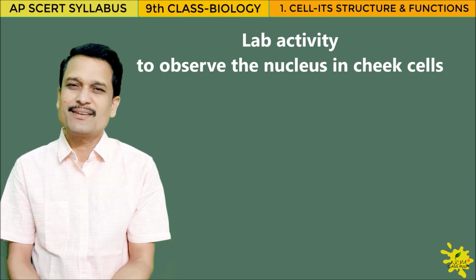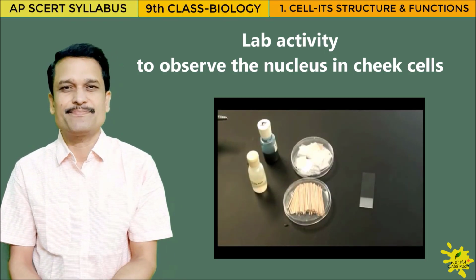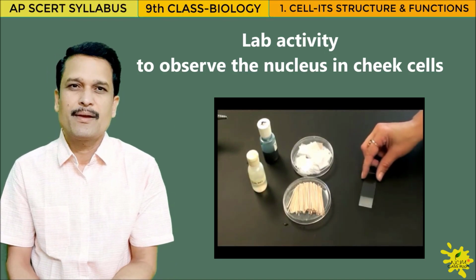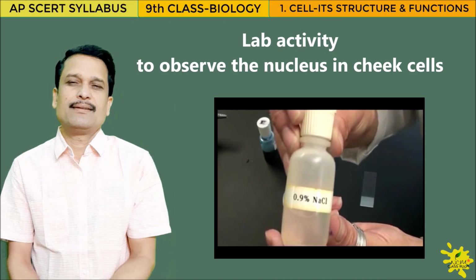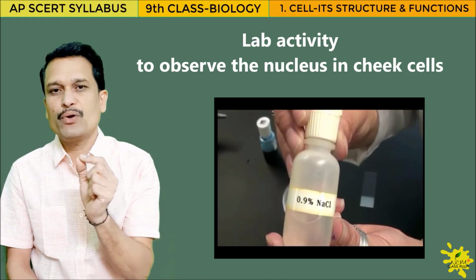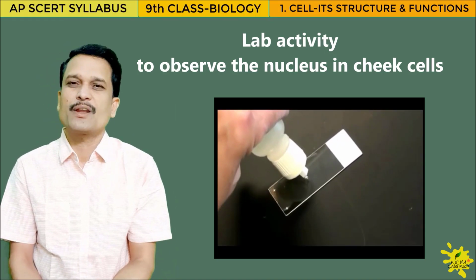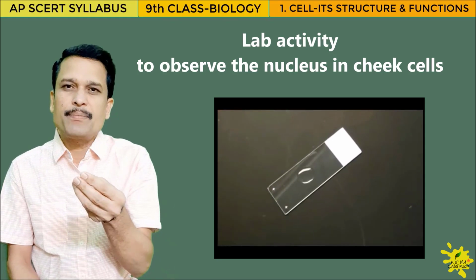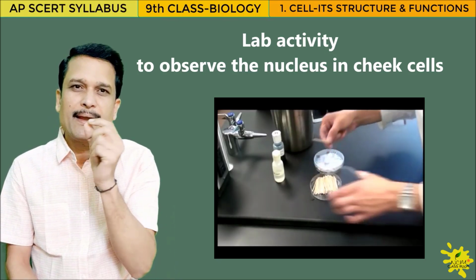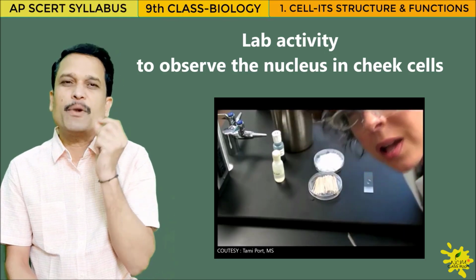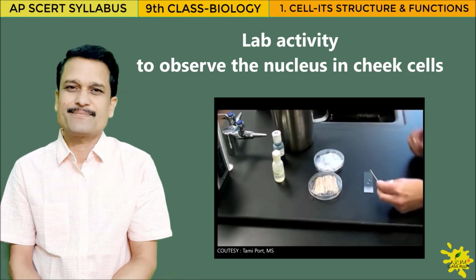Wash your mouth and scrape a little from your mouth with a clean toothpick. Before doing that, take care. Place the scrapings on a watch glass which contains a small amount of normal saline.